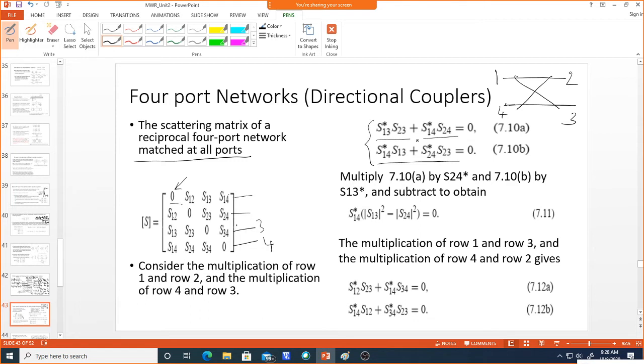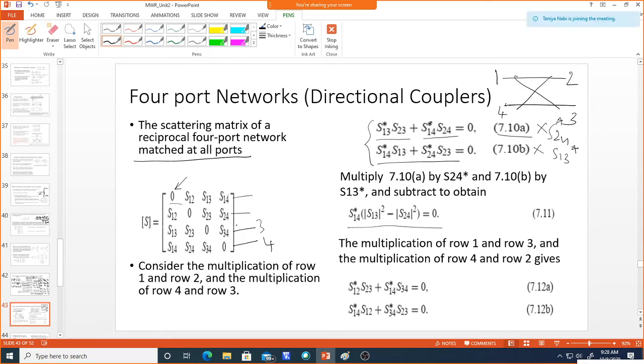So if I multiply rows 1 and 2 and rows 3 and 4, you will get these equations. If you multiply one of these equations by S24 complex conjugate, and the other by S13 complex conjugate, then subtracting those two equations, you will get this equation. How do we get this?